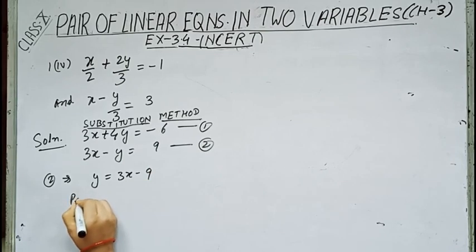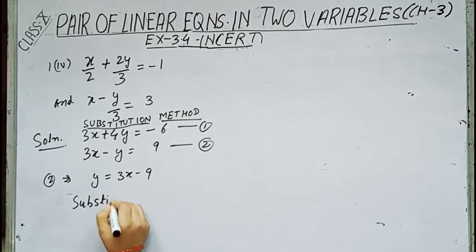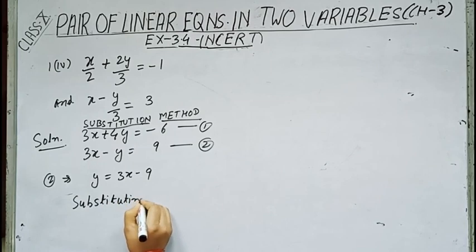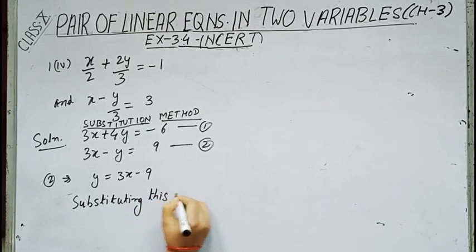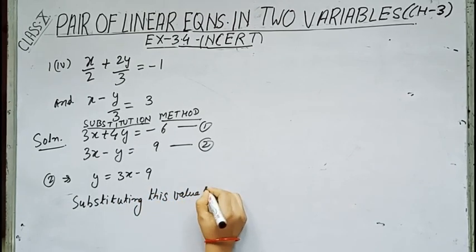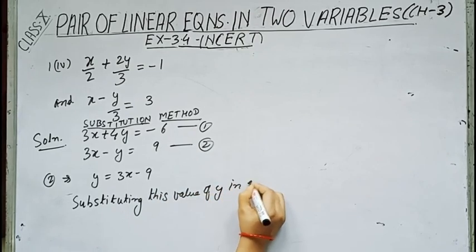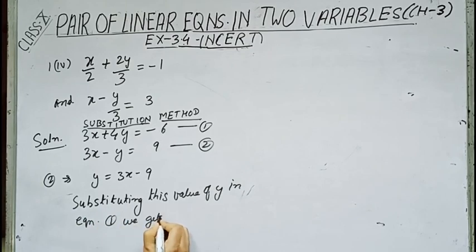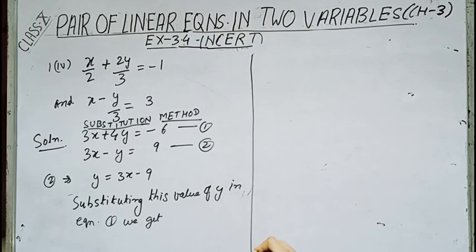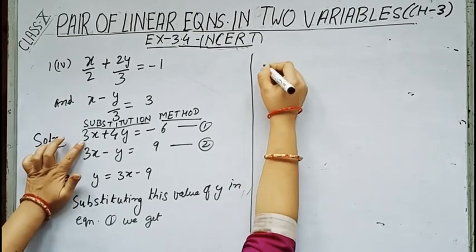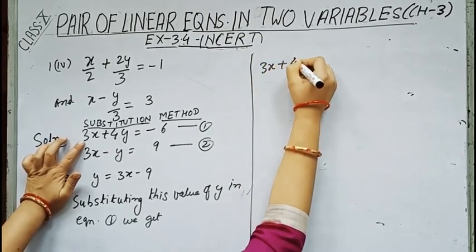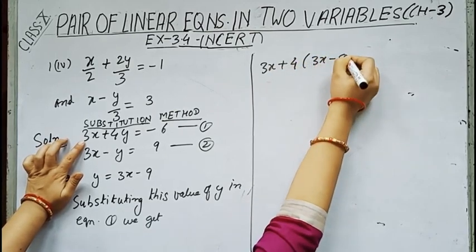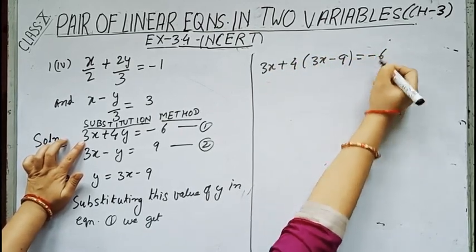Now substituting this value of y in equation 1, we get 3x plus 4 into (3x minus 9) equals minus 6.